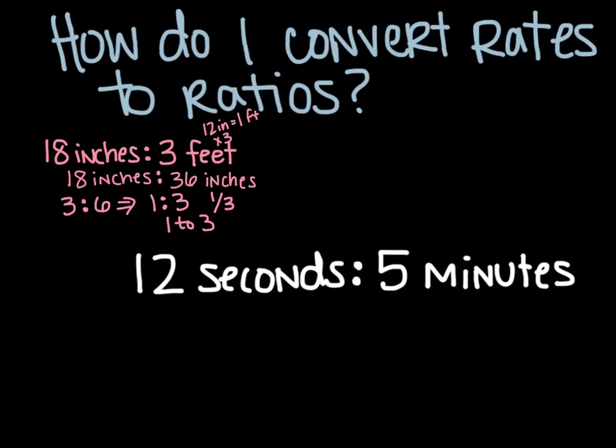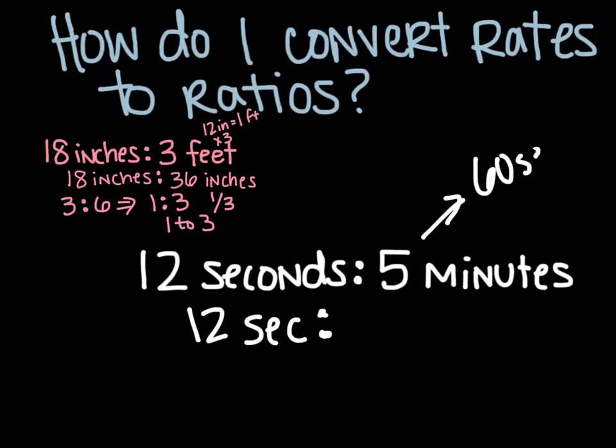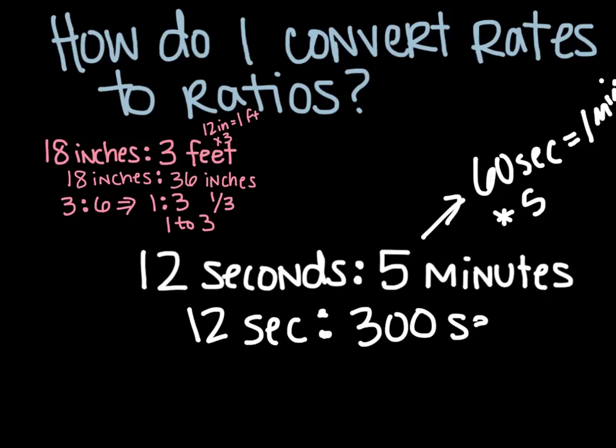The next one, we have 12 seconds to 5 minutes. Again, I'm going to show you going so that the labels are all seconds, but you could label them all minutes. I just want to keep the math easier. But make sure you're paying attention to what the directions are telling you to do. So here we go. 12 seconds is going to stay 12 seconds to 5 minutes. And we need to know that there's 60 seconds in 1 minute. So if I have 5 minutes, I'm going to multiply by 5, and that will give me 300 seconds.